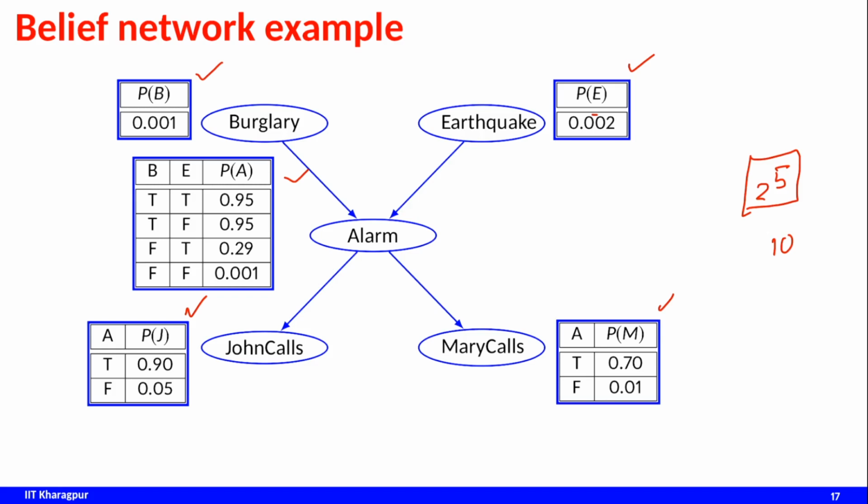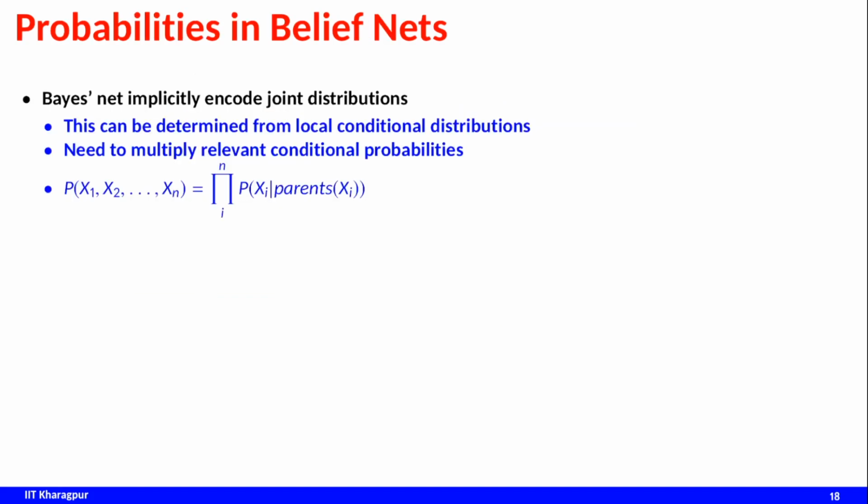Now we will look into how we can utilize this information to find out certain probabilities. Probabilities in a belief network basically represent the joint distribution, but not explicitly, in an implicit manner. So if we combine these local conditional distributions, then I can determine the joint probability distribution as well.